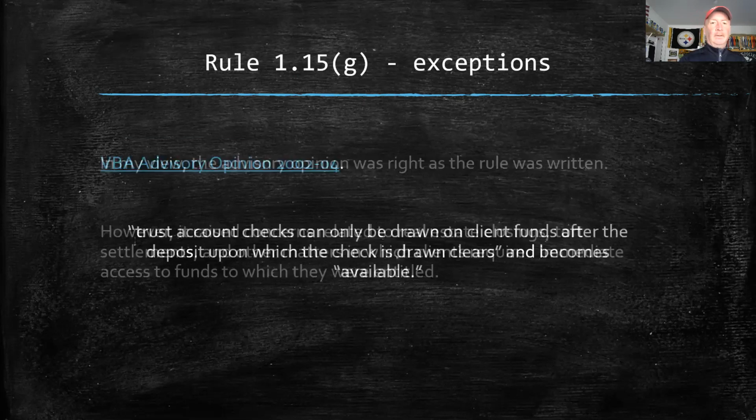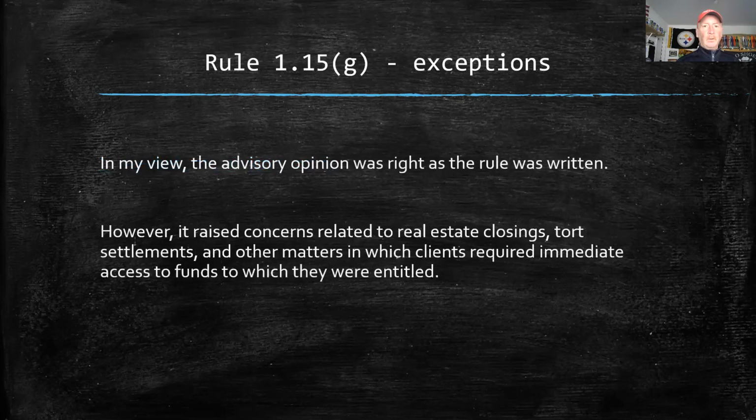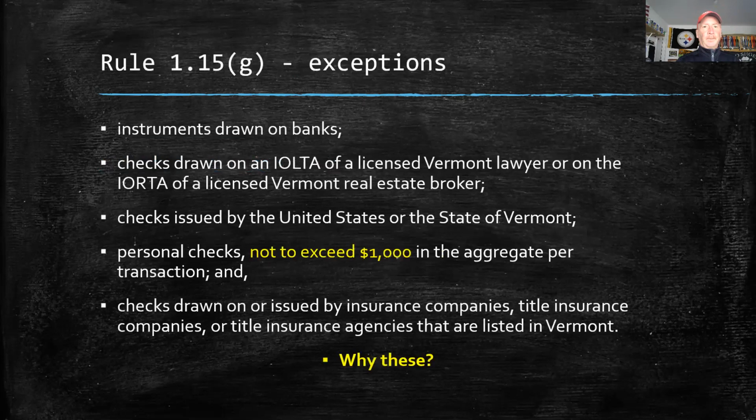So look back. This is what the VBA advisory opinion says, that is not good. It violates the rules because the lawyer is disbursing against the check you received from your buyer before those funds are available, literally minutes later. So we changed the rule and then put some exceptions in.